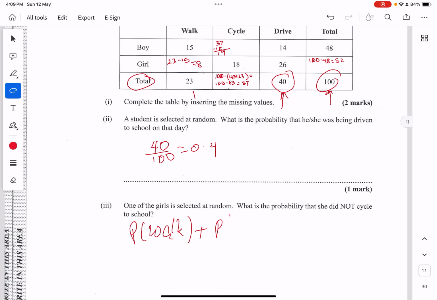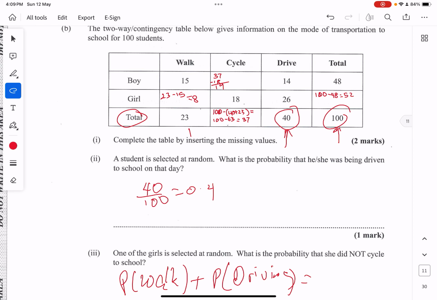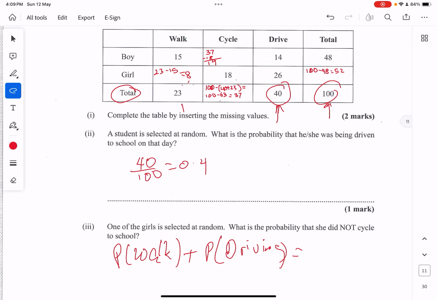So the probability that a girl walked would be 8 out of 23. Plus the probability that a girl drove, 26 out of 40.